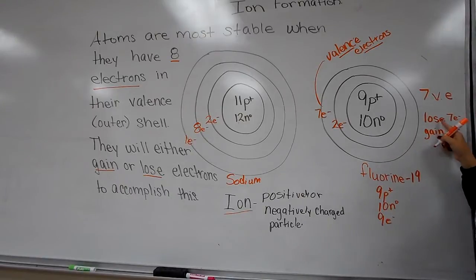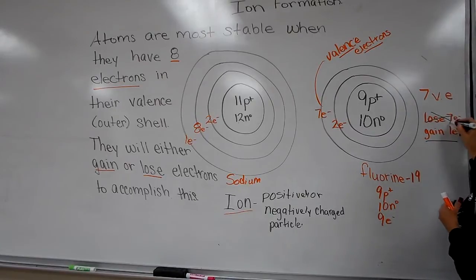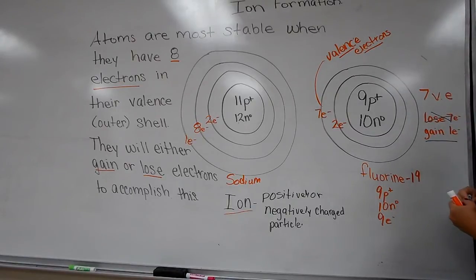Of these 2 options, it's going to be much easier for it to gain 1 electron than to give away 7. So what's going to happen to fluorine is it is going to gain an electron.